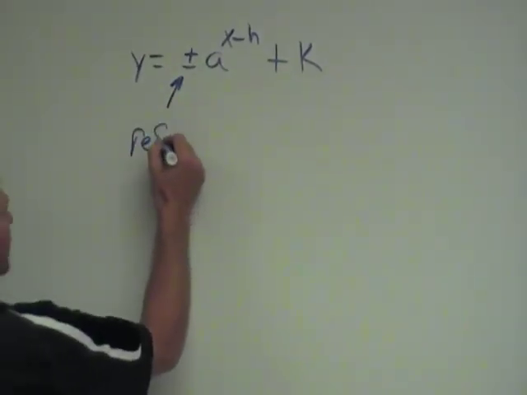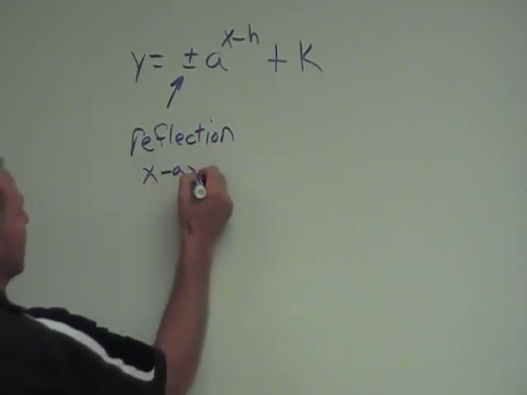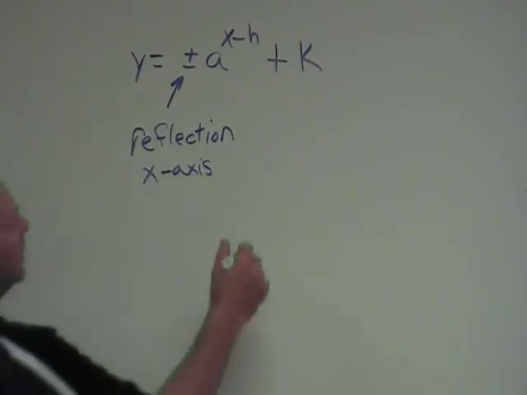This is your reflection about the x-axis. If it's positive, it's going to be above. If it's negative, it'll be reflected over the x-axis, underneath the x-axis.